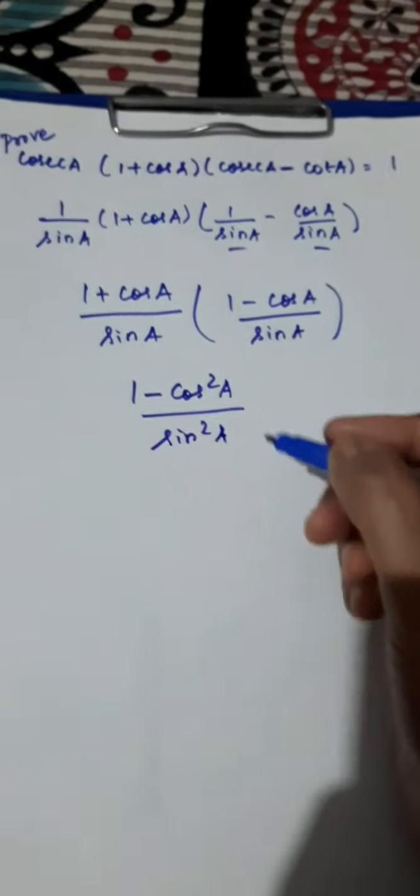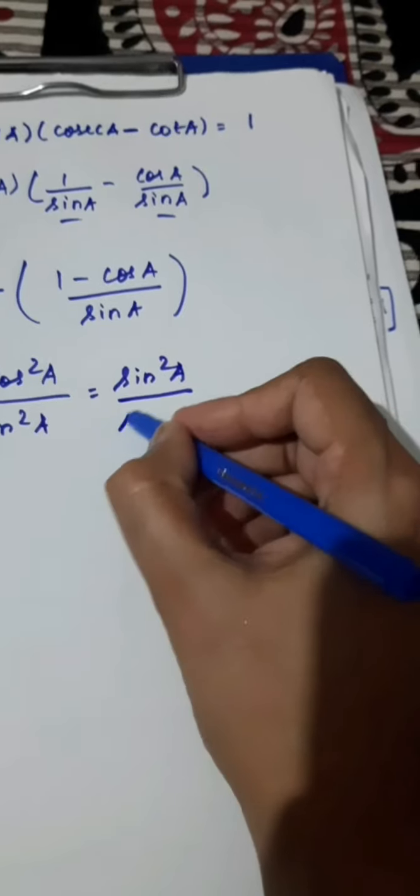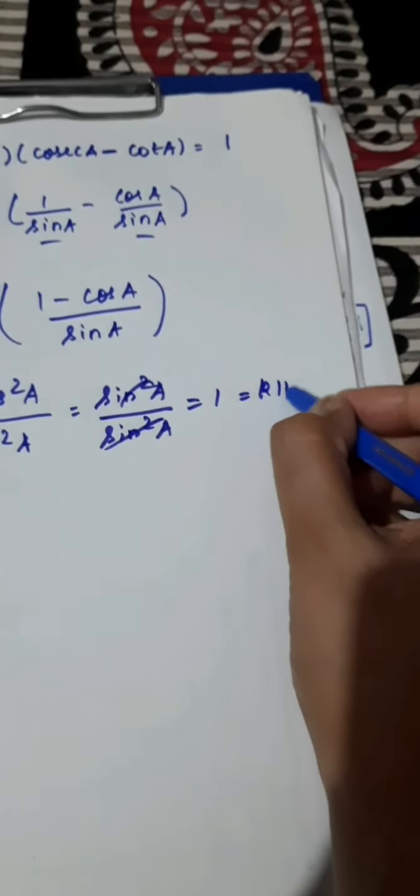That's what is written in the numerator, which can be written as sin square A. So it is 1.